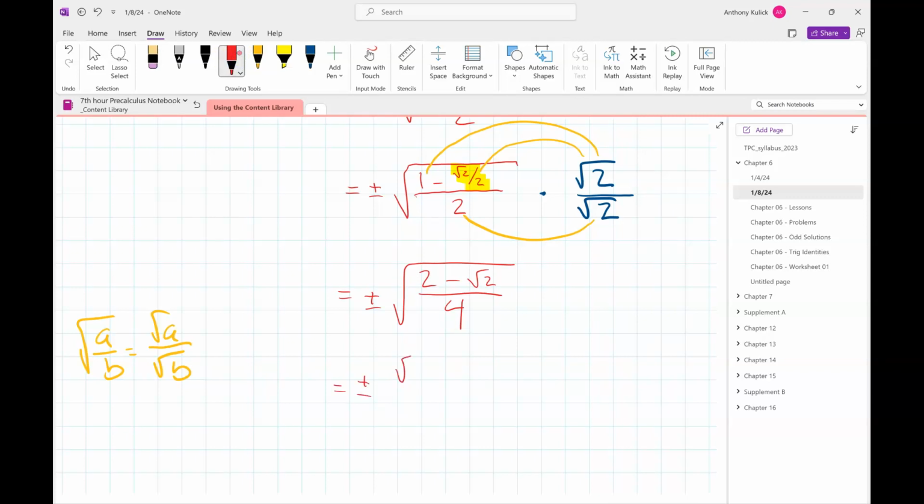The nice part is I don't have to worry about doing anything complicated, because if I just rewrite this as the square root of the top and the square root of the bottom, what do you notice? Come on, it's sitting right there for you. Somebody notice it.